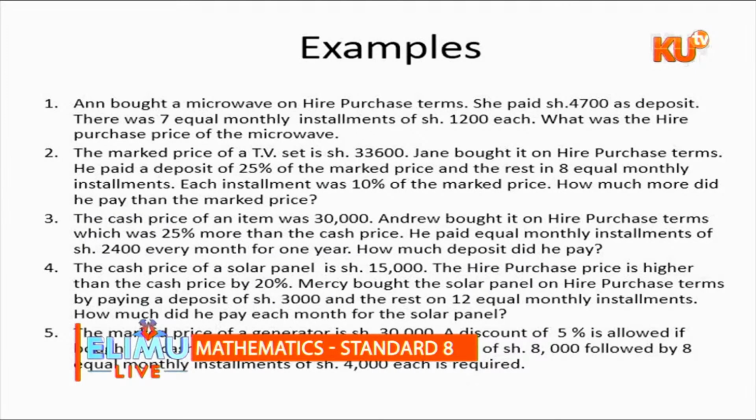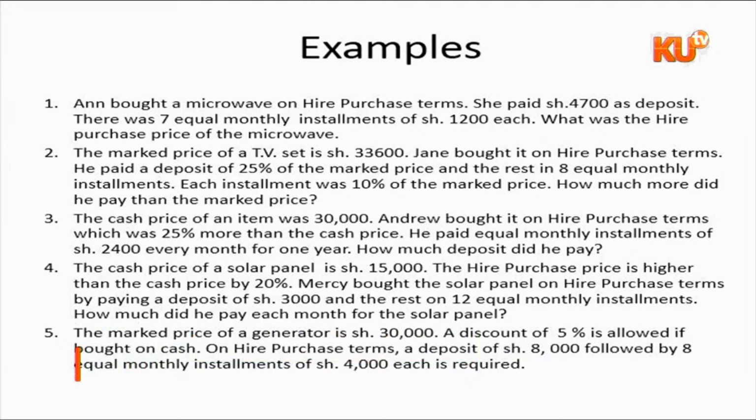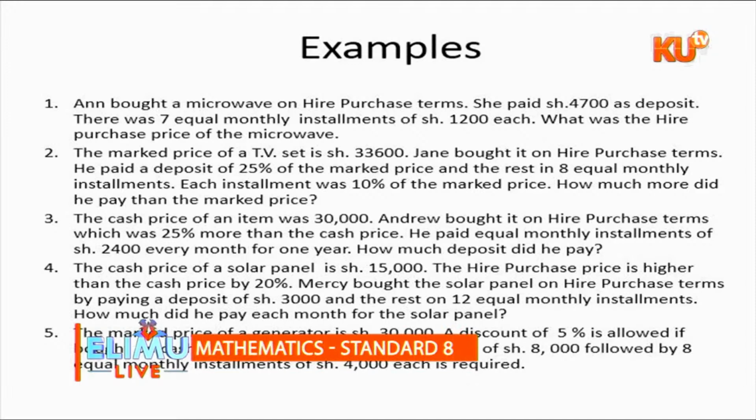Anne bought a microwave on a hire purchase price. She paid 4,700 as deposit. There were 7 equal monthly installments of 1,200 shillings each. What was the hire purchase price of the microwave?